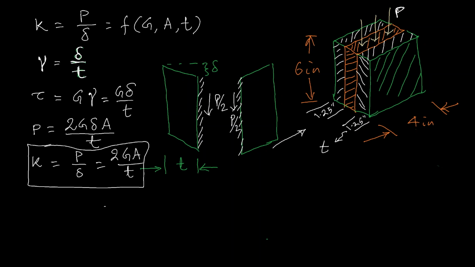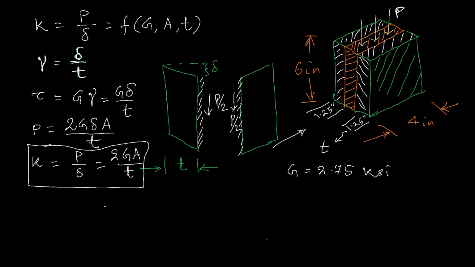For example, suppose we want to see some typical values for rubber materials. Typically G will be say 2.75 ksi.